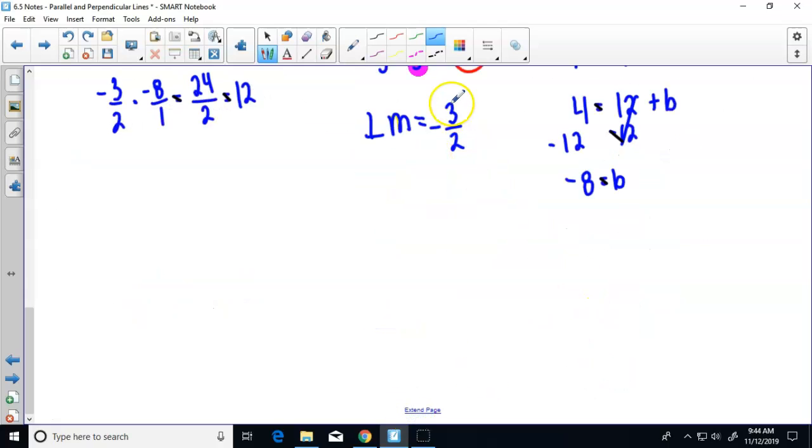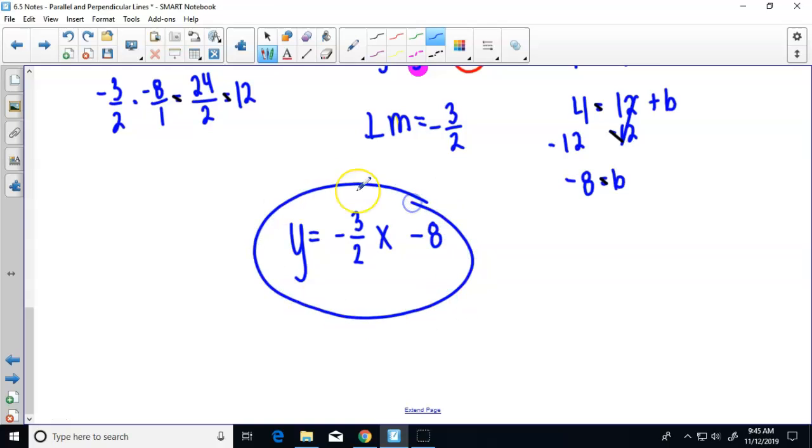So finally, we've got a slope and a y-intercept. So Aiden, what's the equation? Y equals? Careful. If I write that, it's not really an equation of a line because it doesn't have an x. Got to put an x right here beside of that. Okay? All right, questions.